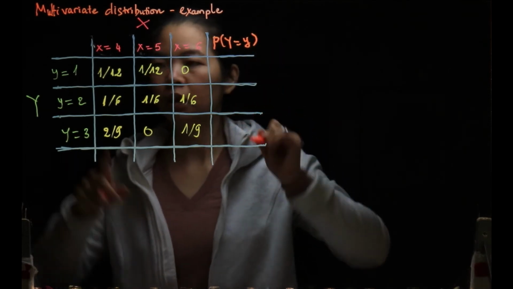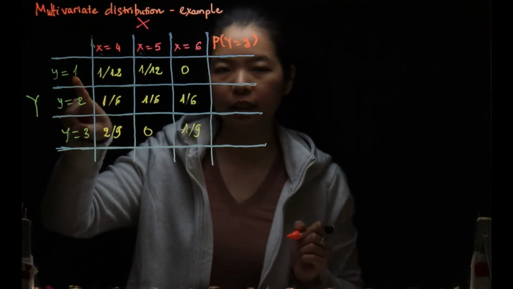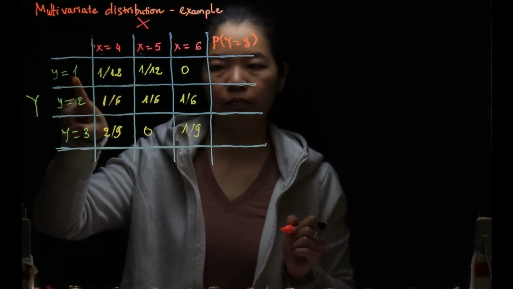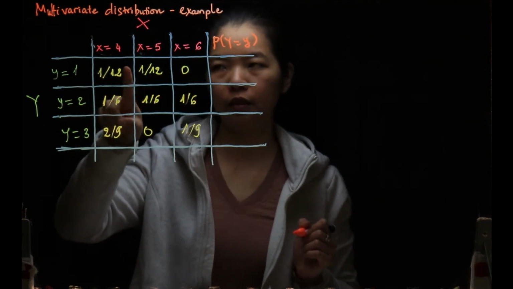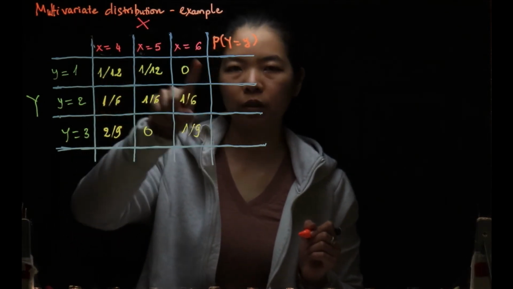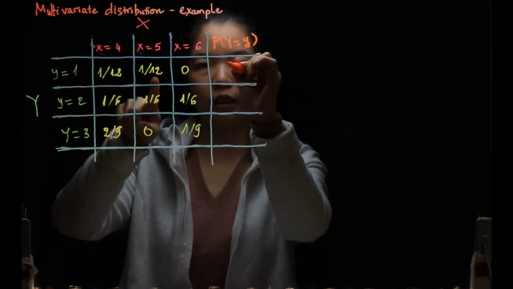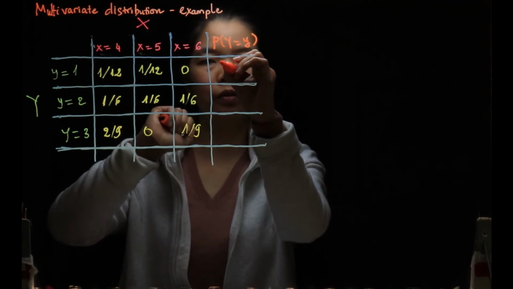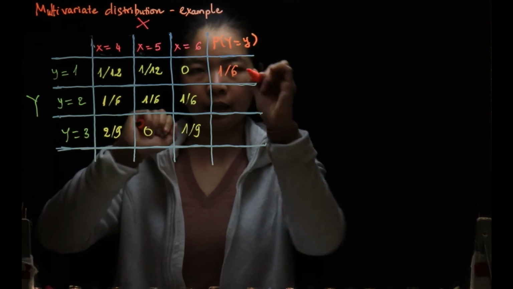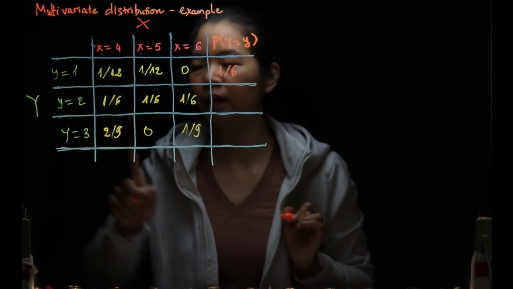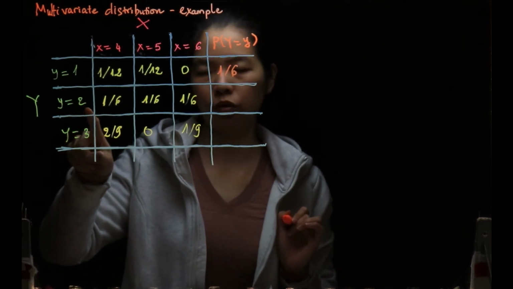So if y equals 1, what is the probability that y equals 1? You sum up all the probabilities on this row, over all possible x's. So 1/12 plus 1/12 is 2/12, 2/12 equals 1/6, right?